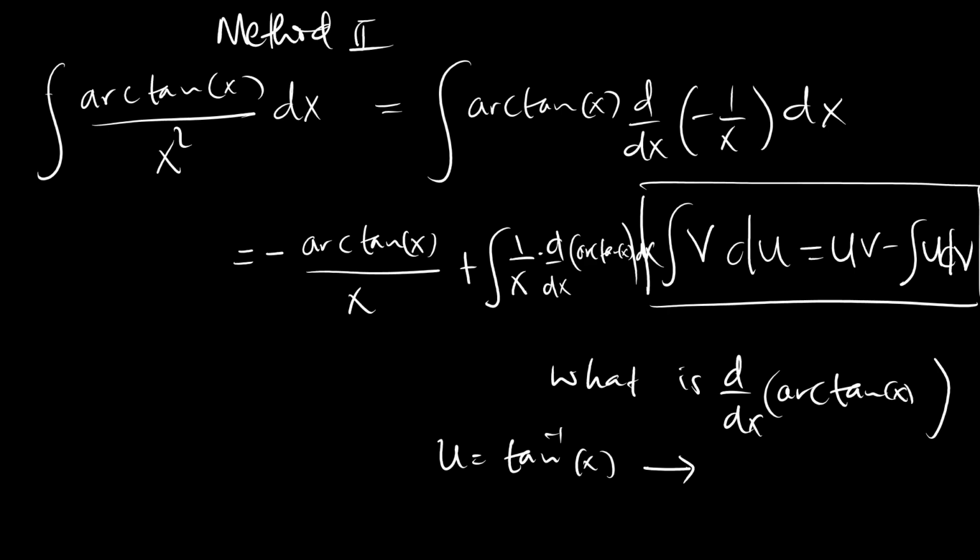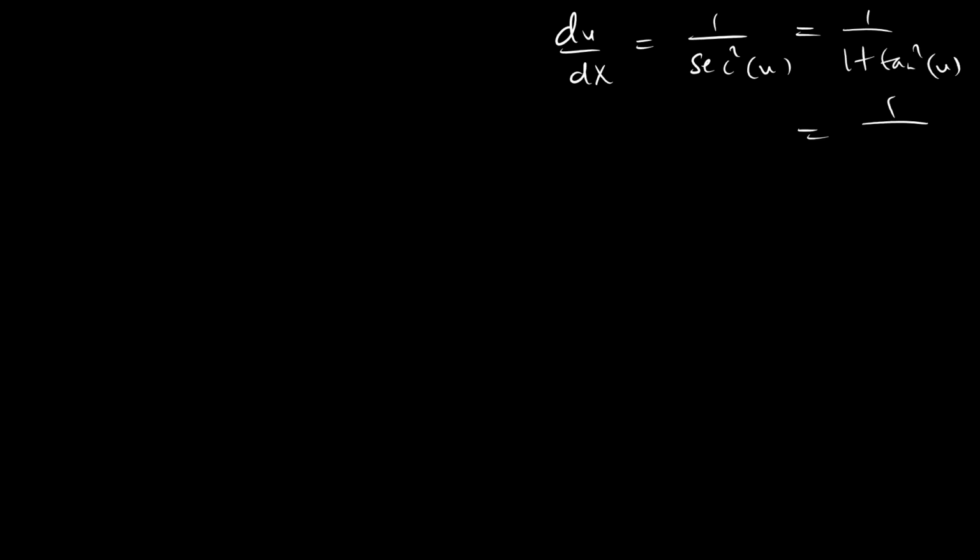This means that tangent of u is equal to x, and so sec squared of u du/dx is equal to 1, meaning that du/dx is equal to 1 over sec squared of u, which is 1 over 1 plus tangent squared of u, which is, since tangent of u is x, 1 over 1 plus x squared.